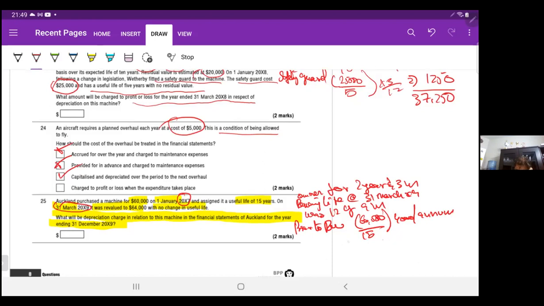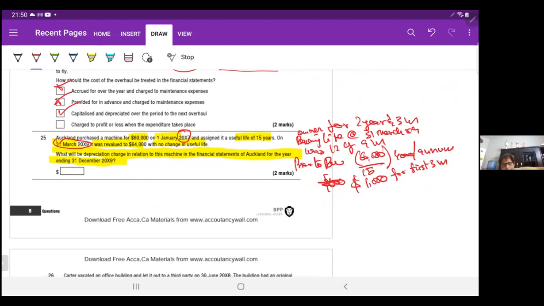That's going to be $1,000 for the first 3 months. Right, so now the machine will be depreciated over the remaining life, and what is the remaining life? We already know, 12 years 9 months. That's going to be overall 153 months altogether, right?